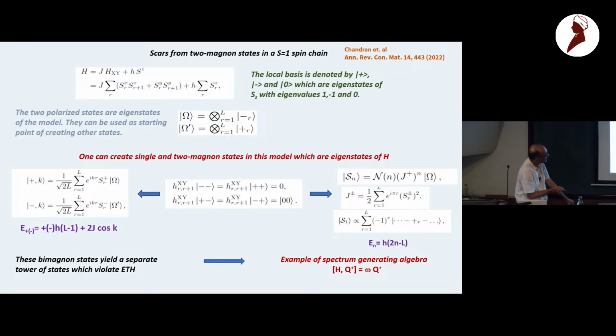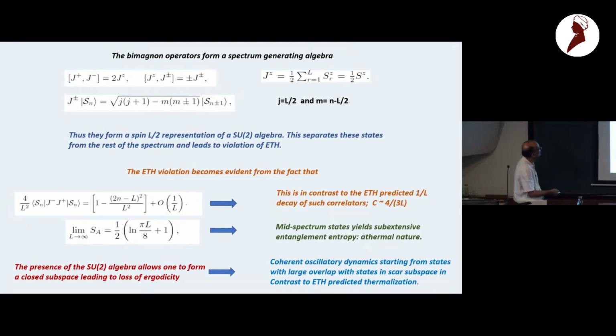This provides a spectrum generating algebra in some sense, and that gives you this SU(2). In fact, these operators form a spin L/2 representation of the SU(2) algebra, and everything is different from the standard ETH prediction. So this is one of the simplest systems where you can see these scar states.